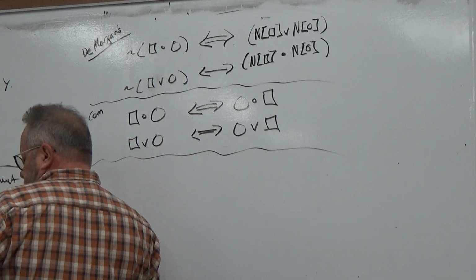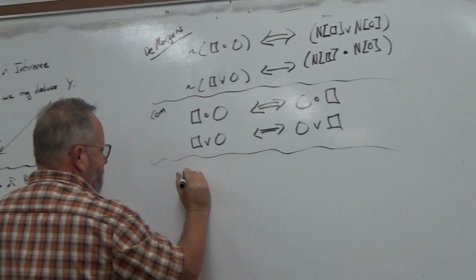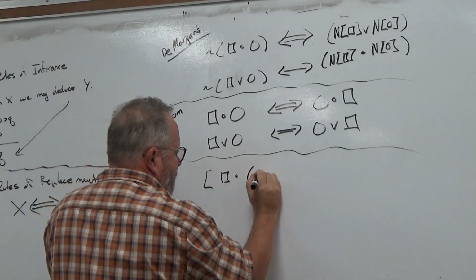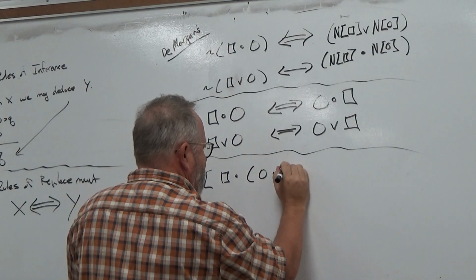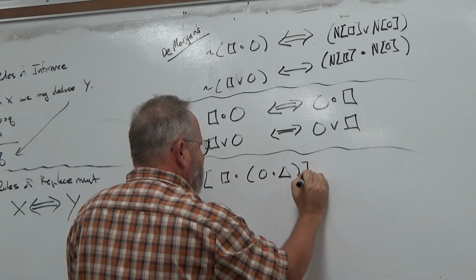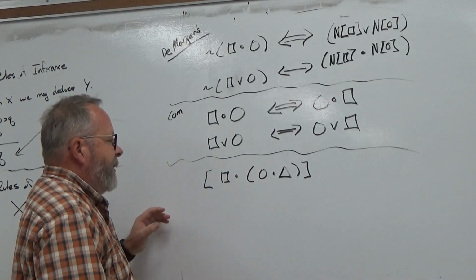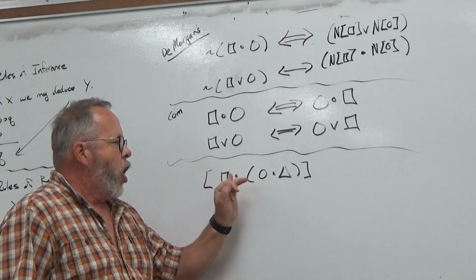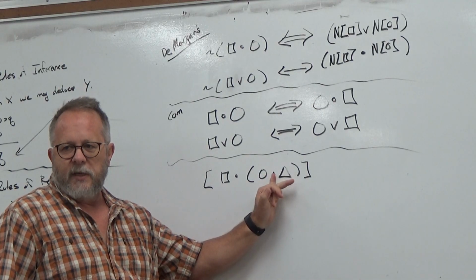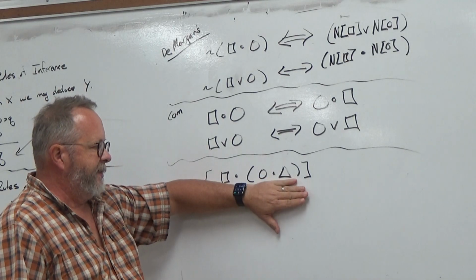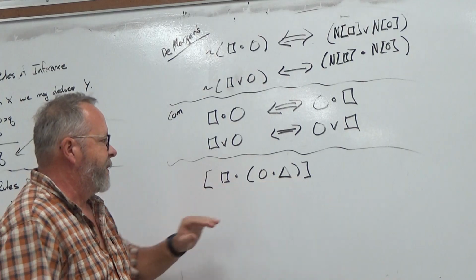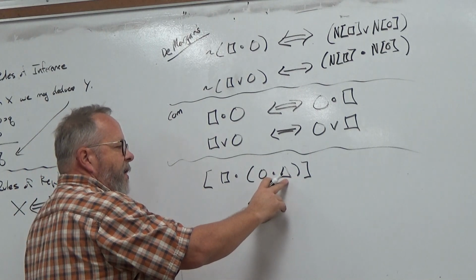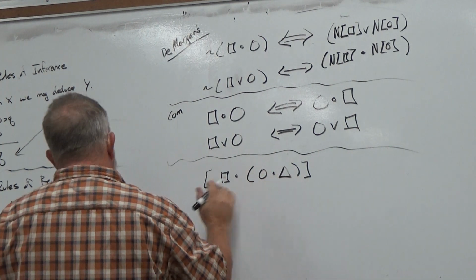All right. Associativity. Box and circle and triangle. Now notice that in this statement the operators are all conjunctions, and this circle is associated with the triangle because it's bracketed with it.